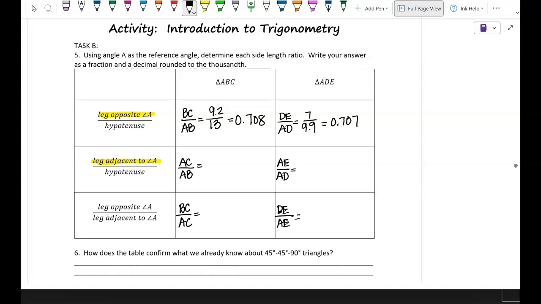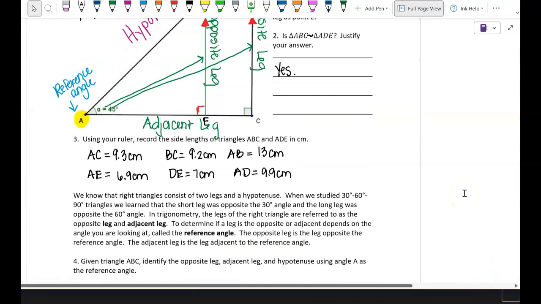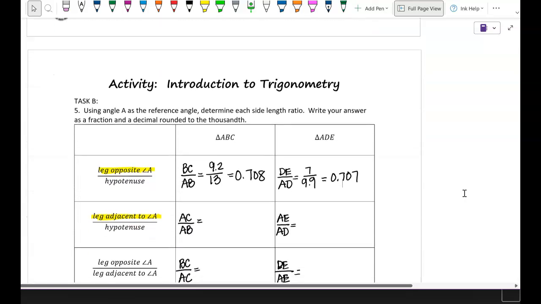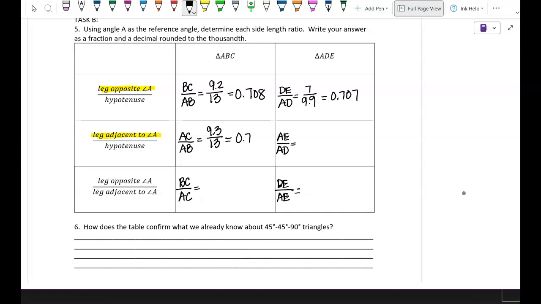AC over AB. AC we said was 9.3 over 13. This is 0.715.